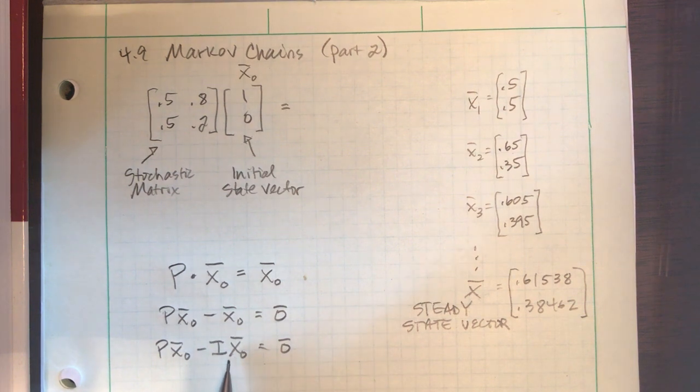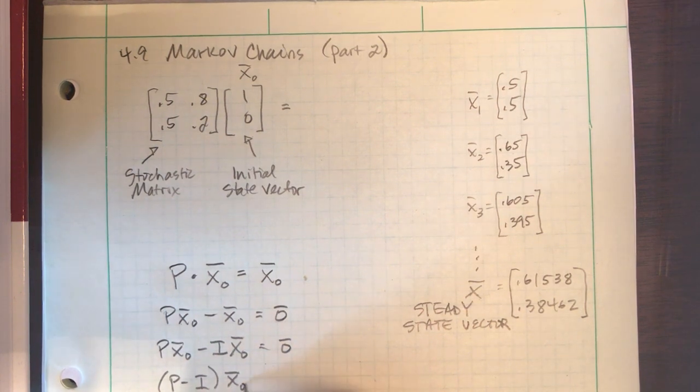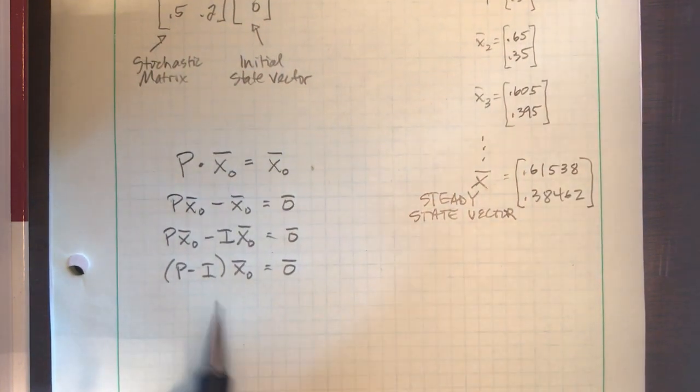Multiplying a vector by an identity matrix doesn't change it at all. This gives us an opportunity to factor out that vector, leaving P minus I times the steady state vector equals the 0 vector.